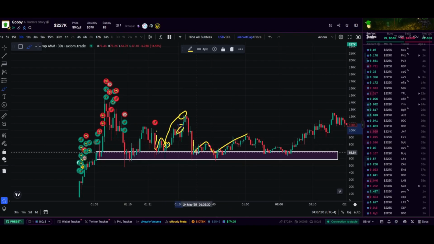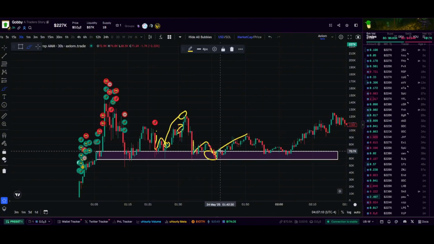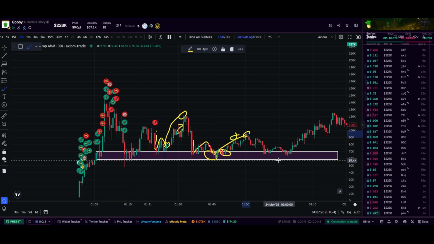Same thing here. Wait for that bounce. So you buy it somewhere within the block or wherever it touches. So you can buy here, and then sell up here or up here. And with this strategy, you can go ahead and trade multiple times on the boxes that you mark out.